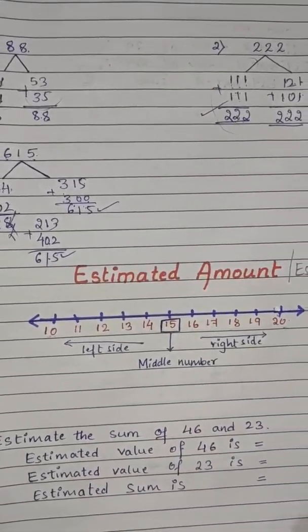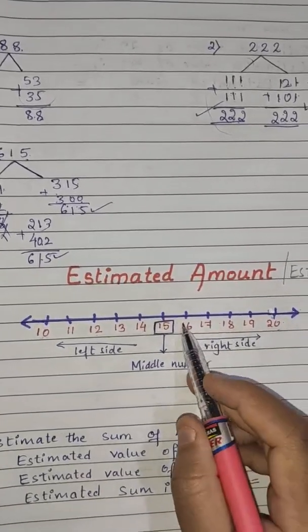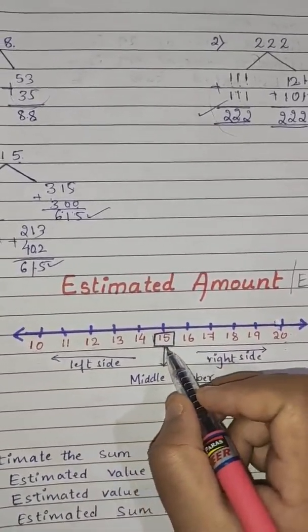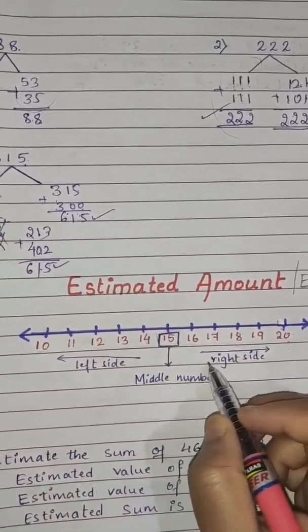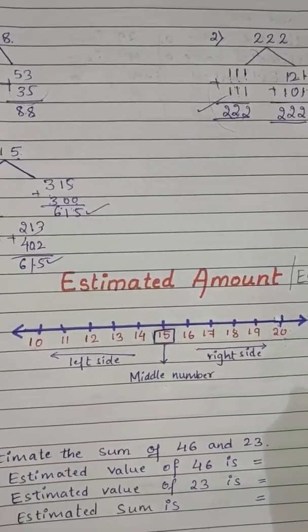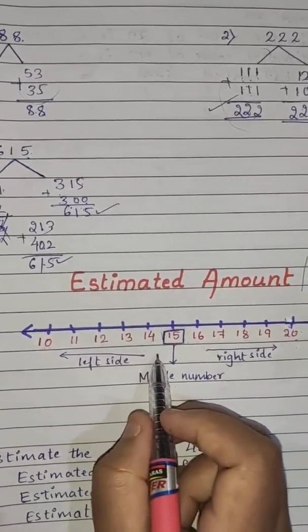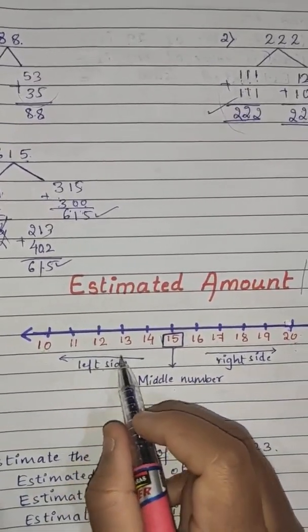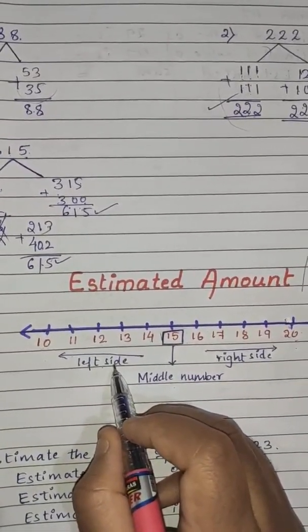So here whichever numbers come, here I have marked the number 15, so it will be a middle number. Okay, so the numbers which come on the right side are called right side numbers, and the numbers which come on the left side are called left side numbers. Yes, already you know it.